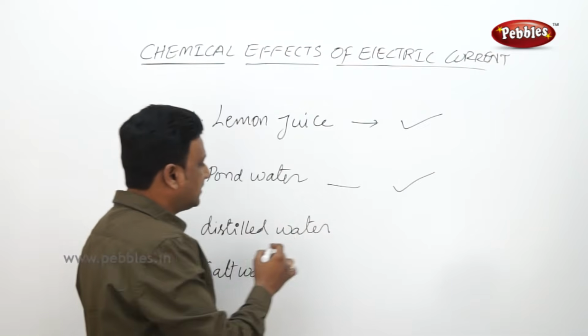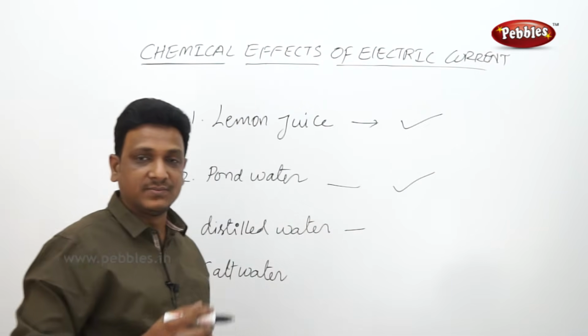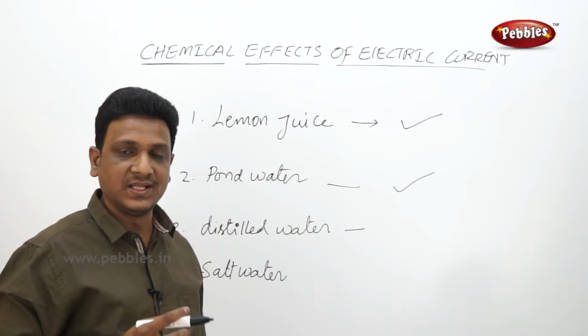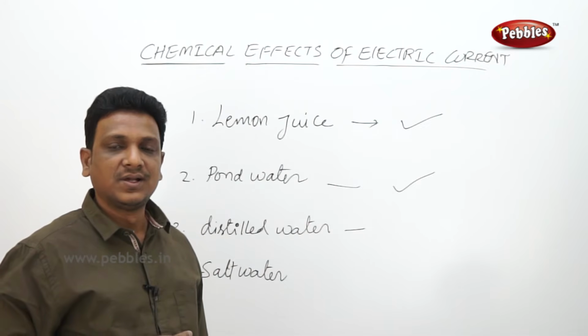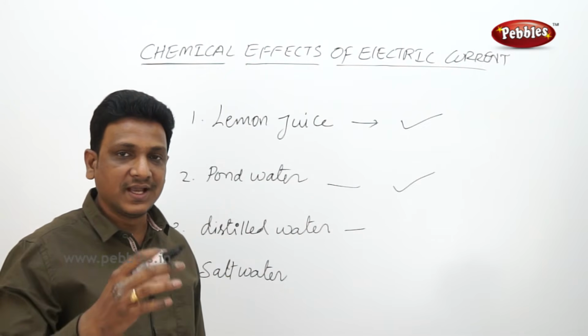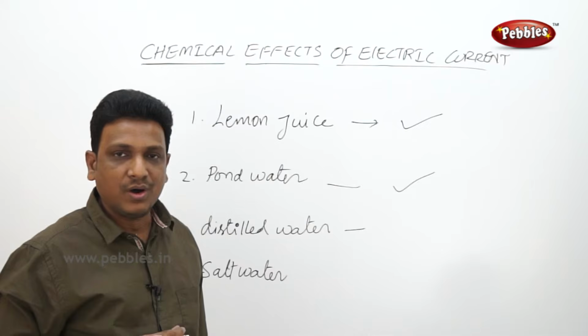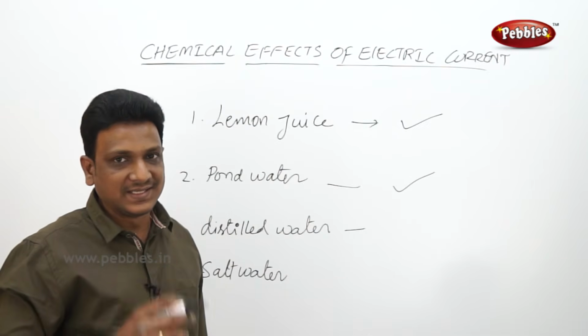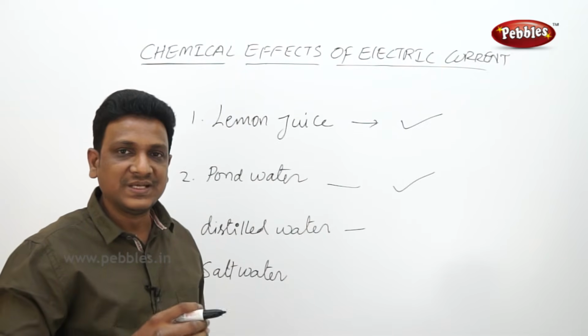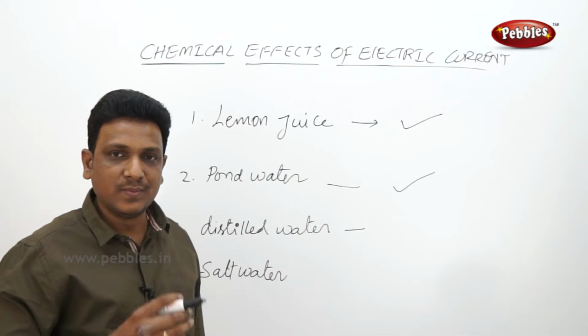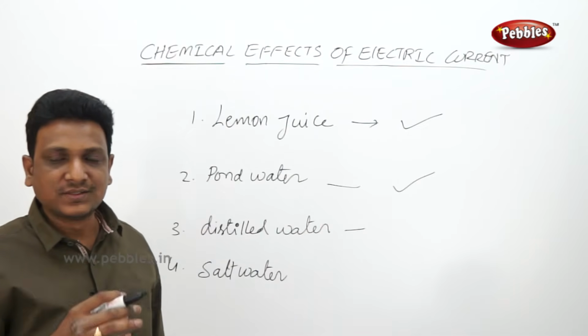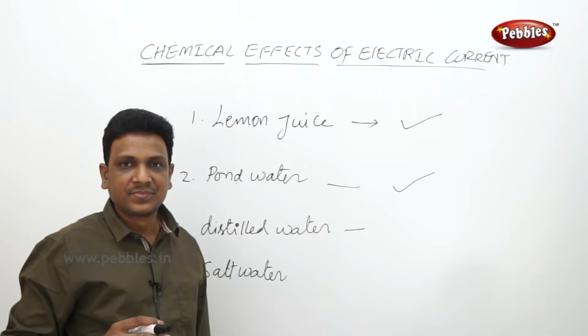Now let us test with distilled water. You can collect some distilled water from your science lab. It is available in the science labs, where there is distilled water making equipment. When you are doing a chemical test, a chemical reaction, when you are mixing water with certain chemicals to dilute them, the water must be free of mineral salts.